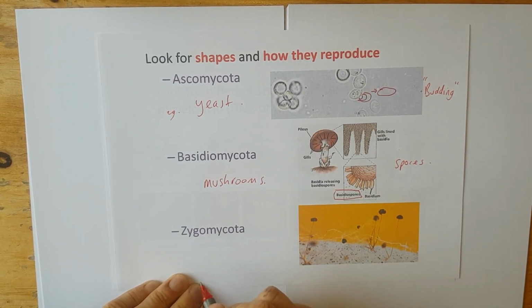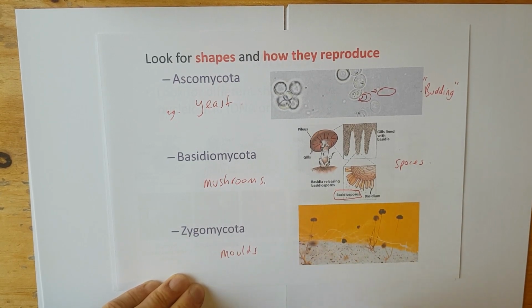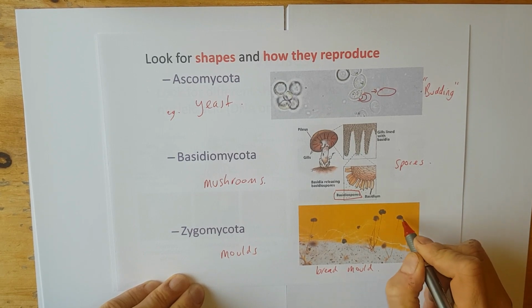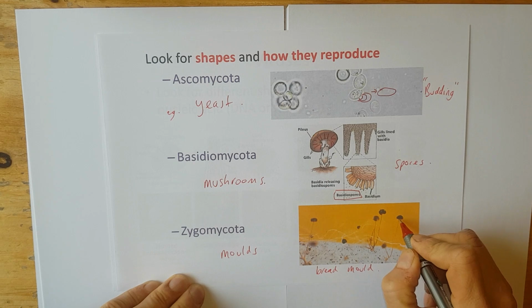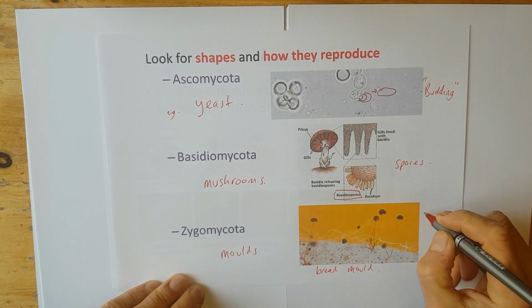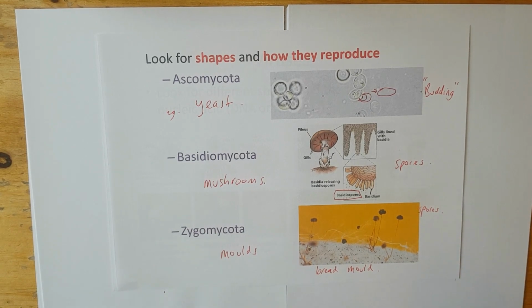And then we've got these Zygomycota, for example, some of the molds. For example, this is bread mold, and again these have got spores in the end there. So these are spores. So that's what you need for fungi.